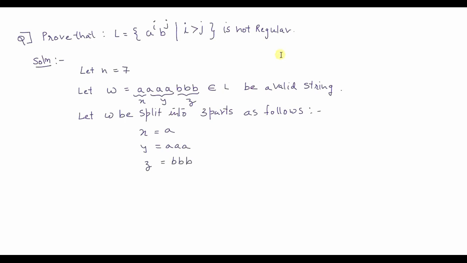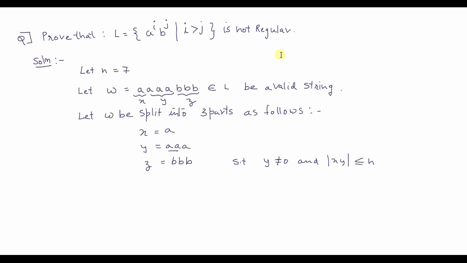So let's say this is the split that I've done, such that y should not be null, and y is not null because y happens to be a valid string here, and together the length of xy should be less than or equal to n.